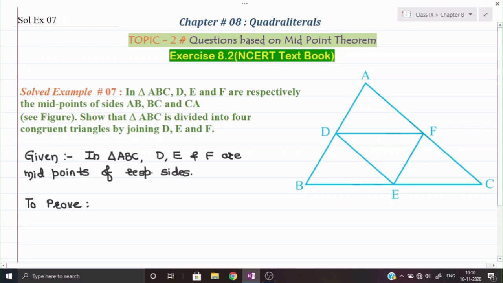So we'll mention here, to prove: triangle ADF is congruent to triangle BDE, is congruent to triangle CEF, and is congruent to triangle DEF. Okay, so this we need to prove.